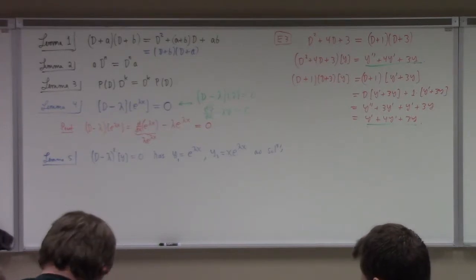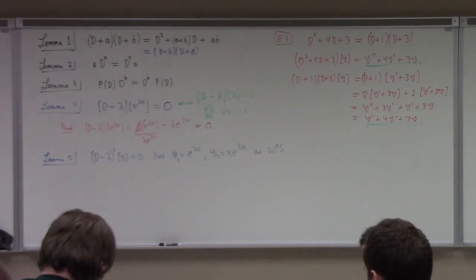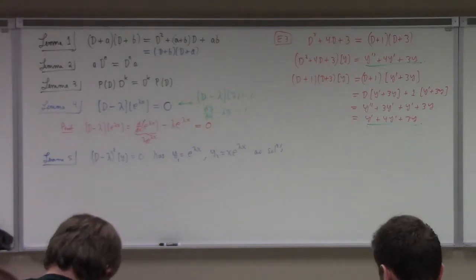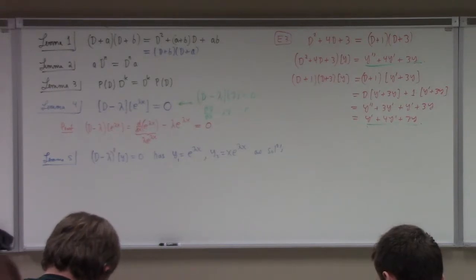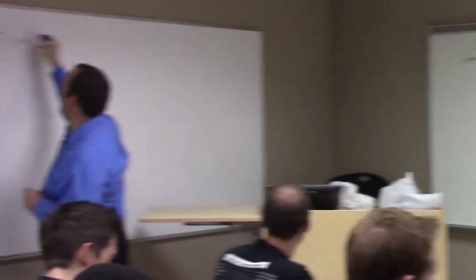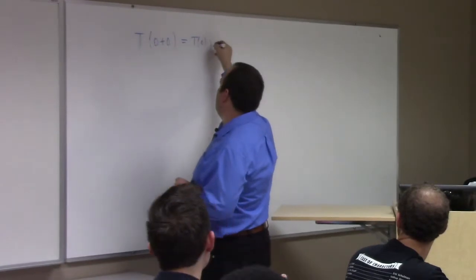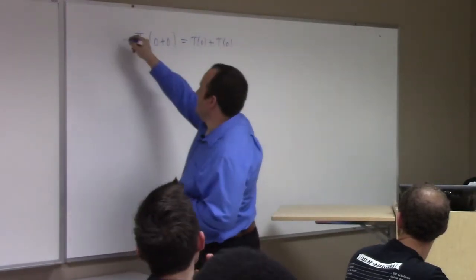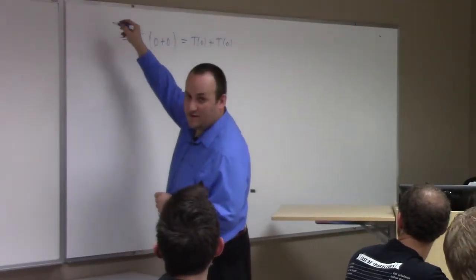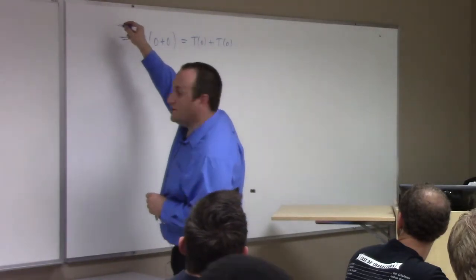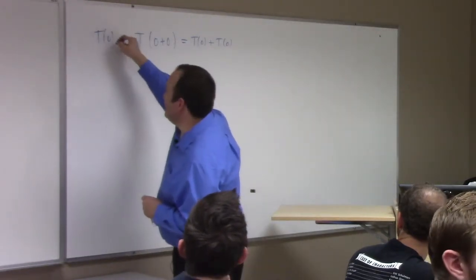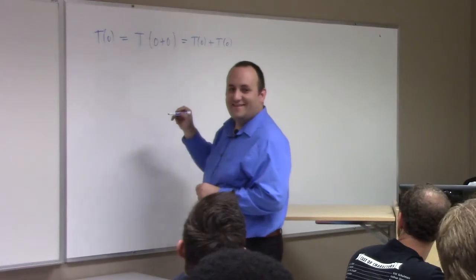What does a linear operator do to 0? So let's think about it. Linear operator, 0 plus 0, what happens to it? I'm sorry, I've been using T, haven't I? T of 0 plus 0 is what? T of 0 plus T of 0, right? But it's also, if you allow me this short manga style calculation, T of 0.